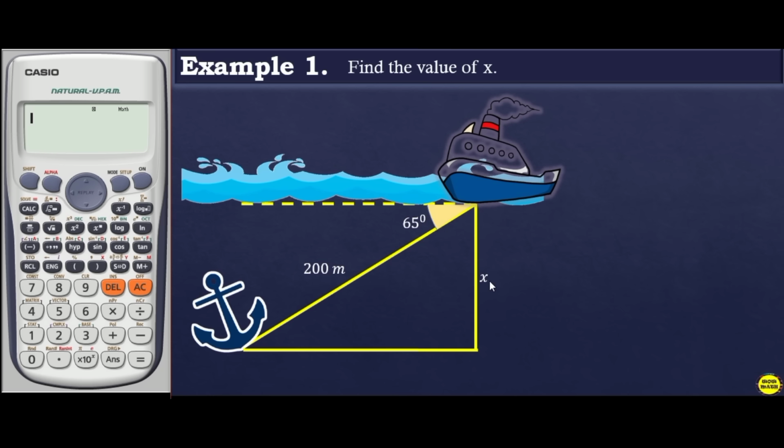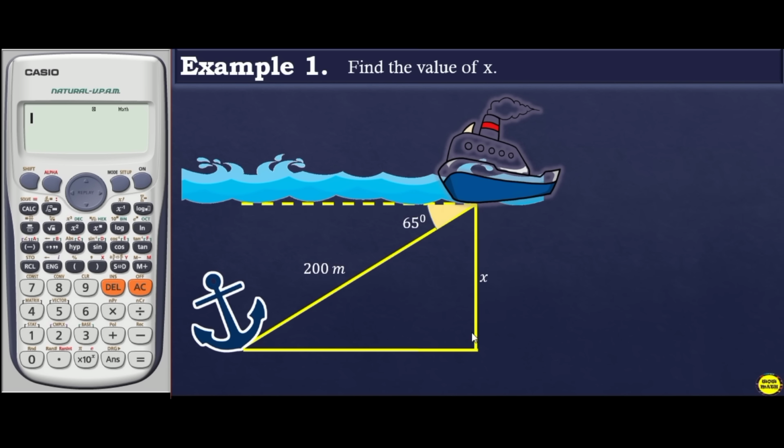Now, para mahanap natin itong side, we need to have two parts, okay, na given. So, halimbawa po, i-identify natin yung given sa ating problem or illustration. So, halimbawa dito, given po yung ating hypotenuse and given po yung ating side.